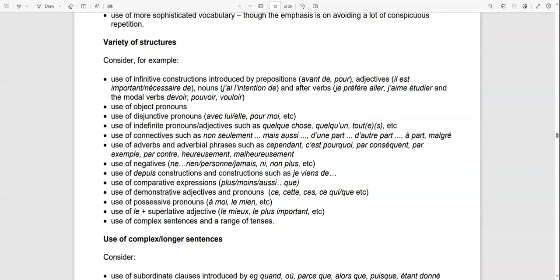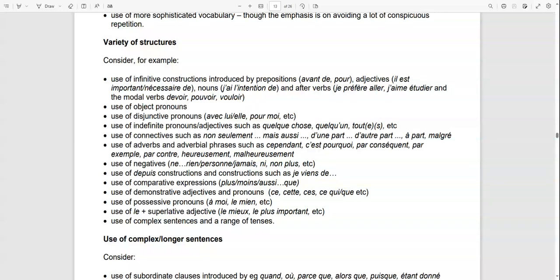Pouvoir, to be able to. For example, je peux sortir avec mes copains, I can go out with my friends. And vouloir, to want. So, for example, je veux avoir des enfants. So I want to have children.